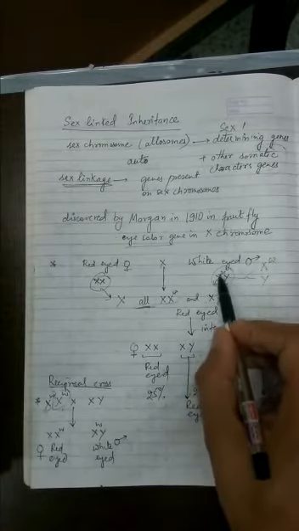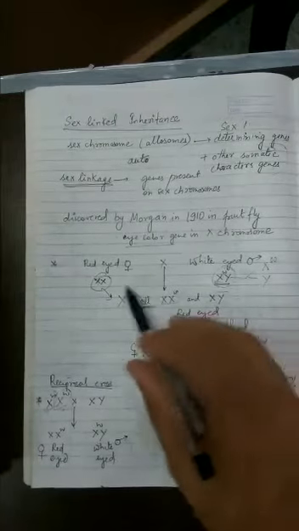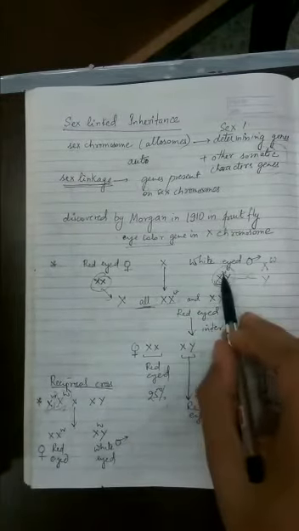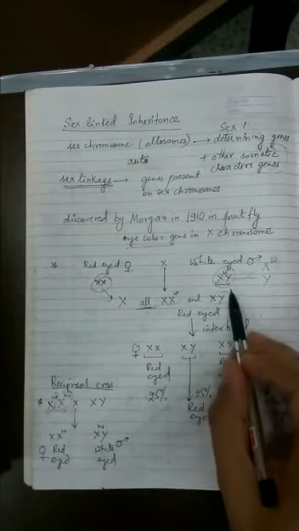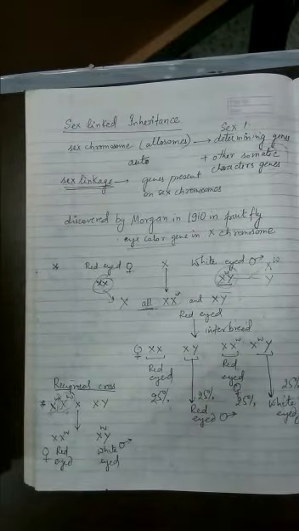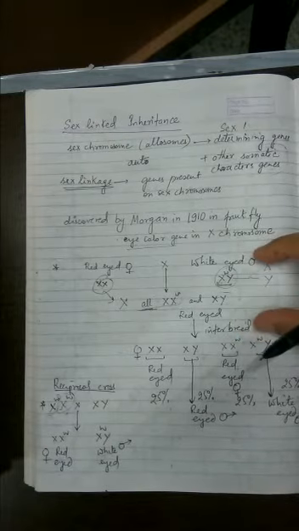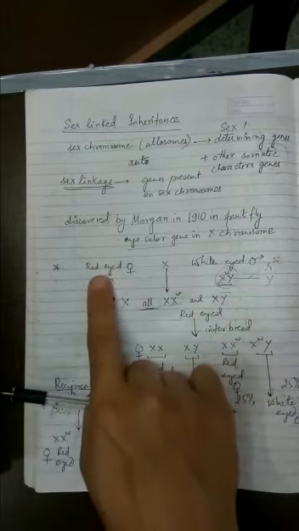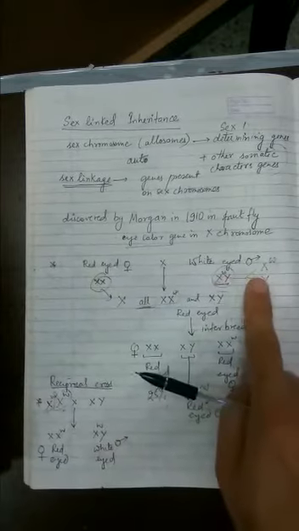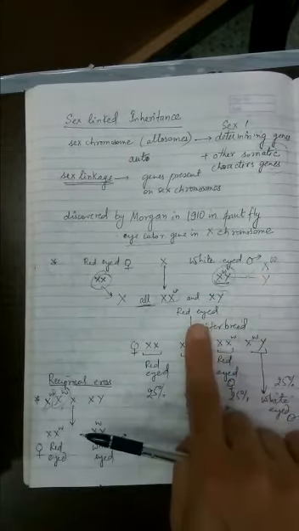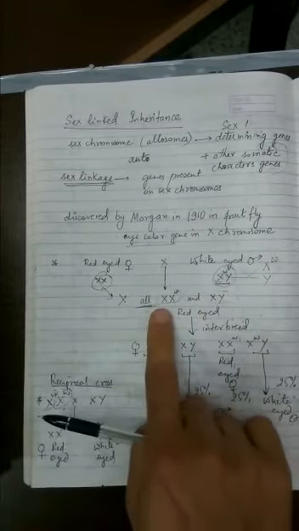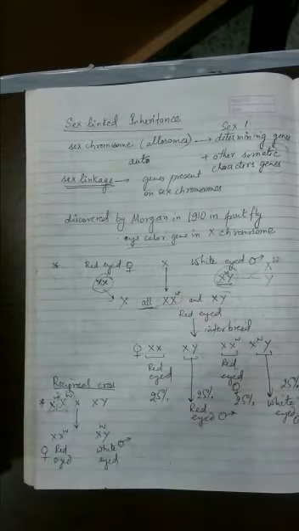Whatever is the information on the X chromosome, whether dominant or recessive, will express in the case of male, because males are hemizygous. So when this cross was made, when a red-eyed female was crossed with the white-eyed male, all the individuals, whether male or female, in the next generation were red-eyed.